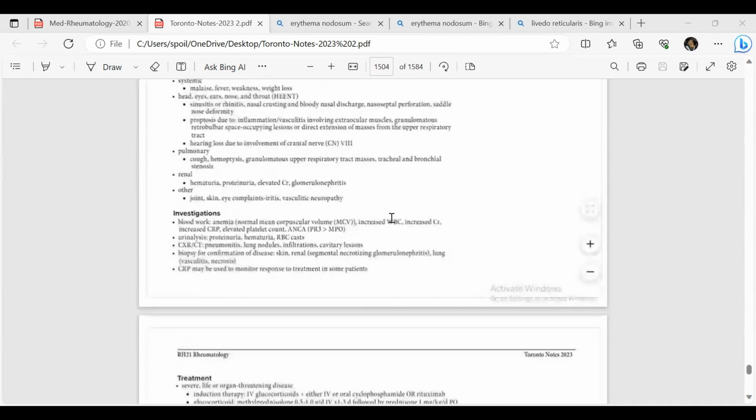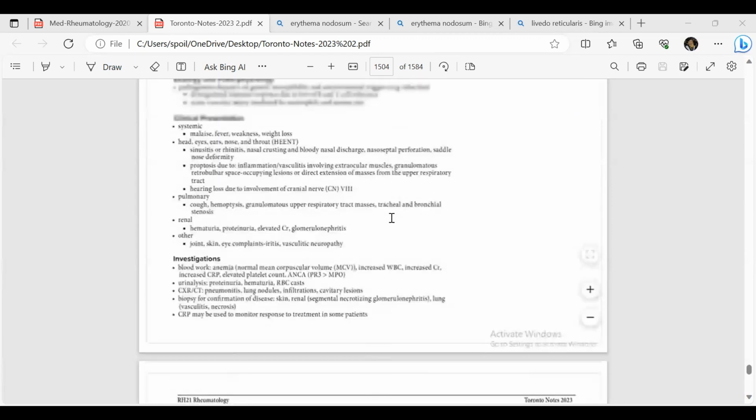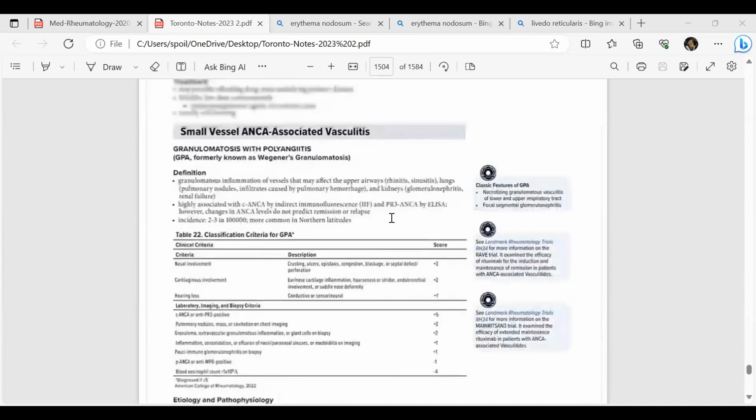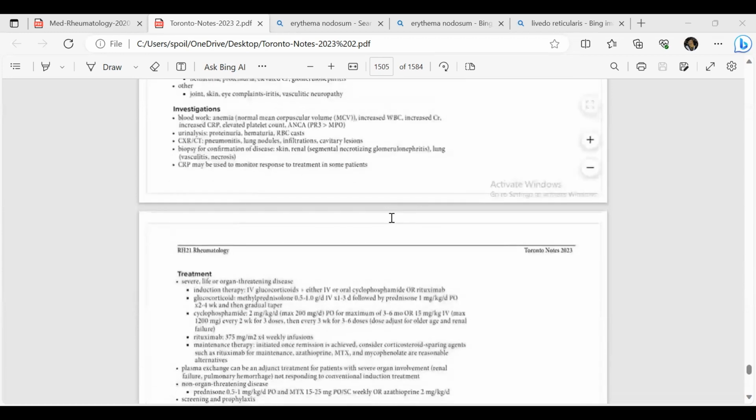Anyone? Yes, it was GPA, small vessel ANCA associated vasculitis, in which we are going to monitor CRP to see the response to treatment in some patients.